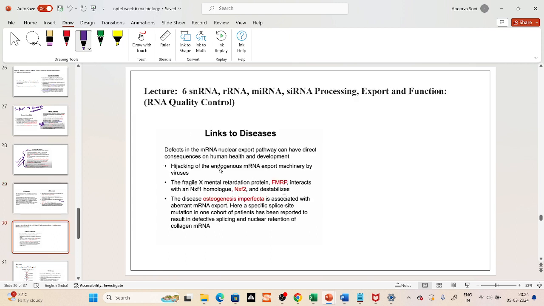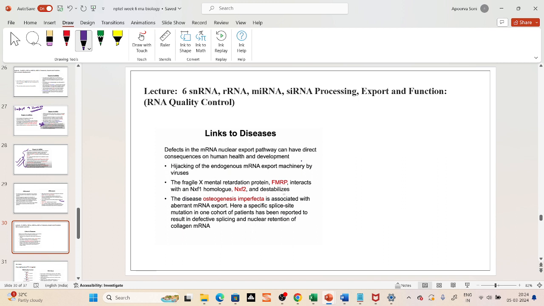Then in lecture 6 we studied what diseases can happen if this export and import machinery is disturbed. Just like we discussed that if splicing is disturbed, different kinds of diseases can take place, similarly if export and import of RNA is disturbed, it can lead to several kinds of diseases.